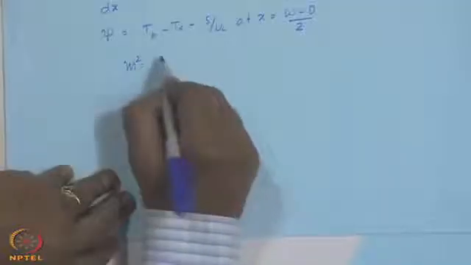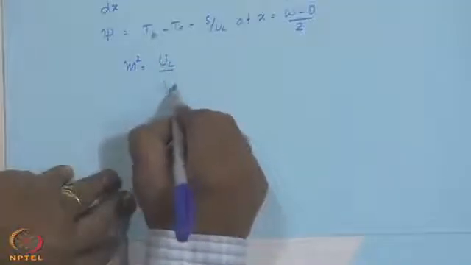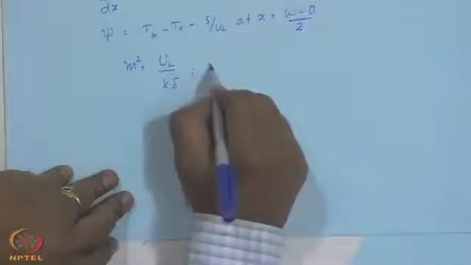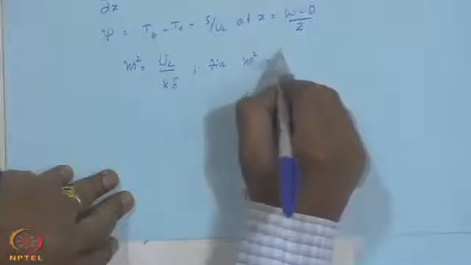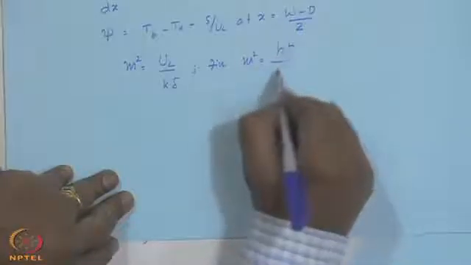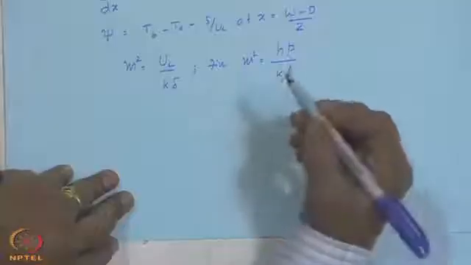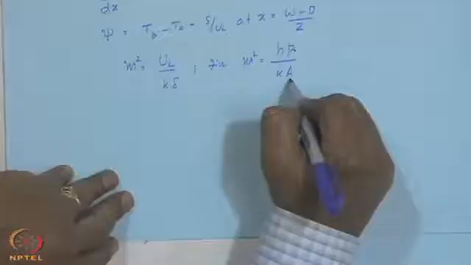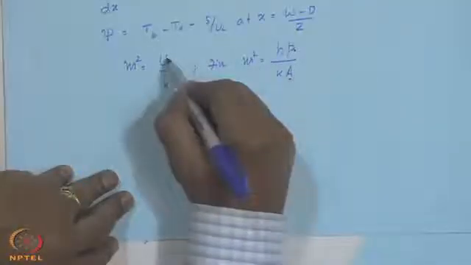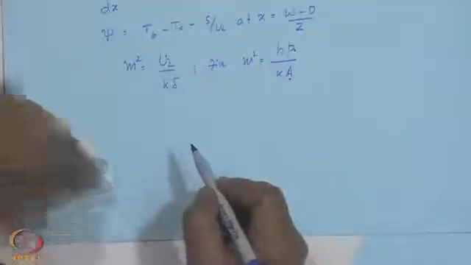It is nothing but exactly the fin equation. Okay? And you can see that m squared is U L upon k delta, and in the fin case m squared is h into p upon k A. So, you have a length dimension extra here and another length dimension extra here. Instead of that, you will have U L by k delta in this case. Otherwise, it is nothing but the fin equation.